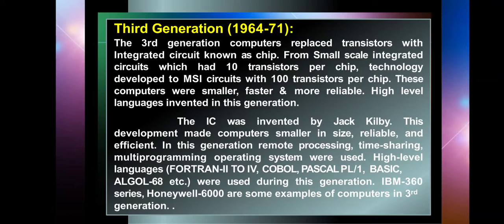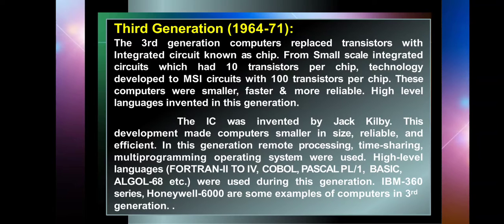In the third generation computers, from 1964 to 1971, transistors were replaced with integrated circuits, known as chips, which were small scale integrated circuits with 10 transistors per chip. These computers were smaller, faster, and much more reliable, and high-level languages were invented in this generation.